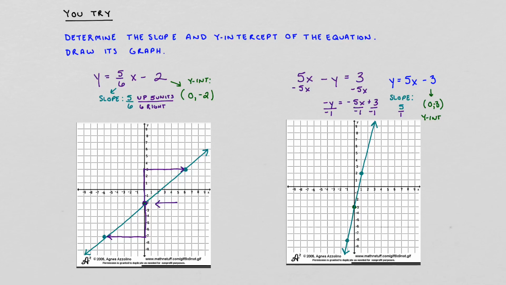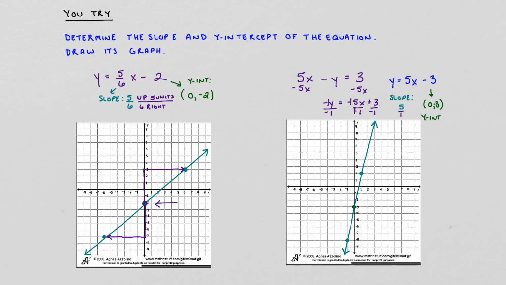So we're not done yet, because technically there is a -1 being multiplied with that y, hence the reason why we're looking at a -y. So we want to clear that out, and then we can do that by dividing each term by a -1. So this would result in y is equal to a now positive 5x, because it's a negative divided by a negative, minus 3, because we have a positive divided by a negative.